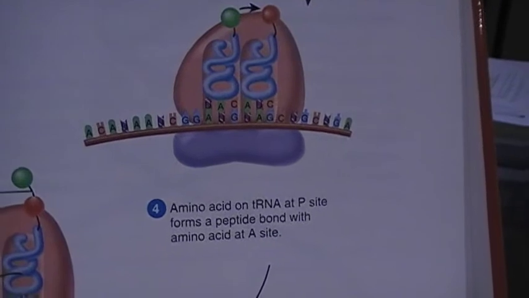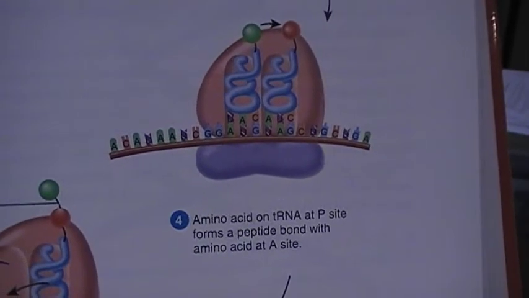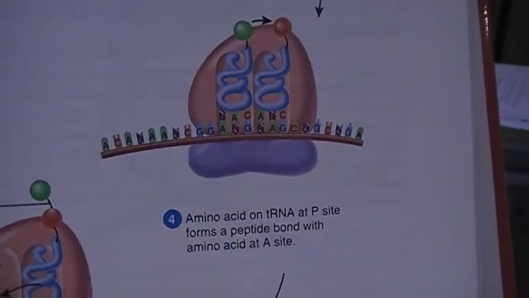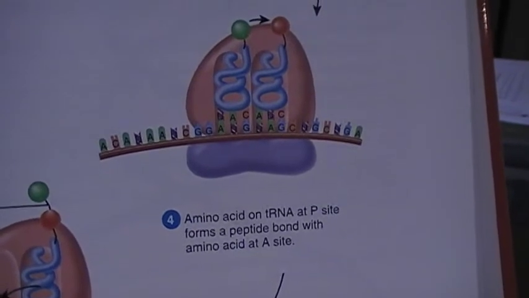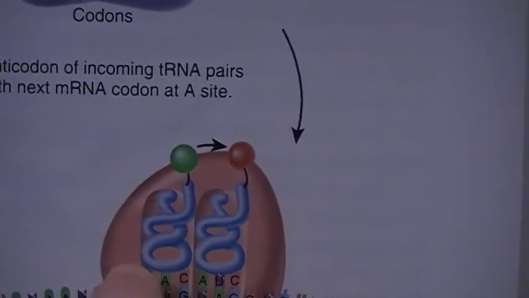Number 4. Amino acid on tRNA at P site forms a peptide bond with amino acid at A site. So this is the A site here, and this is the P site here.